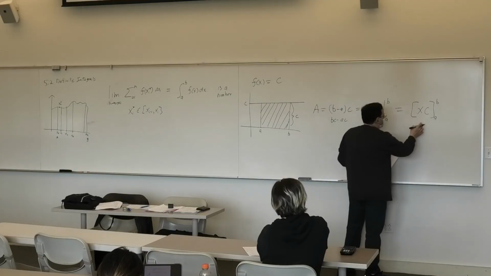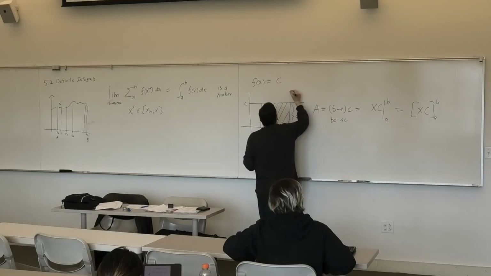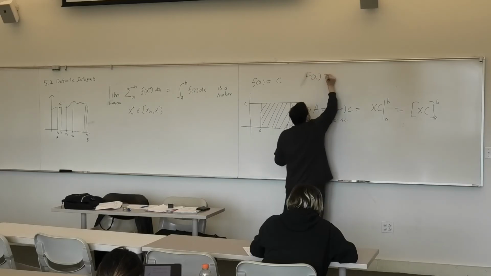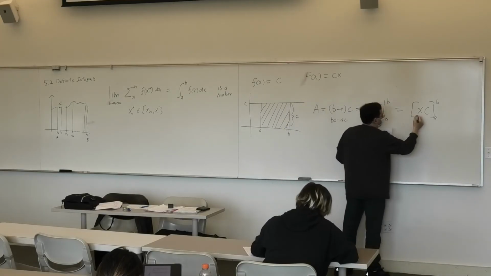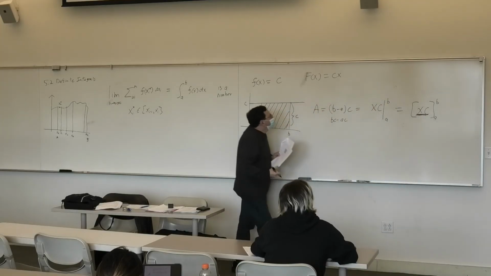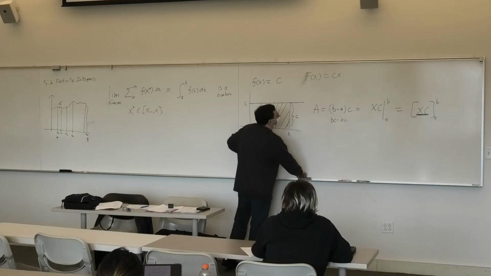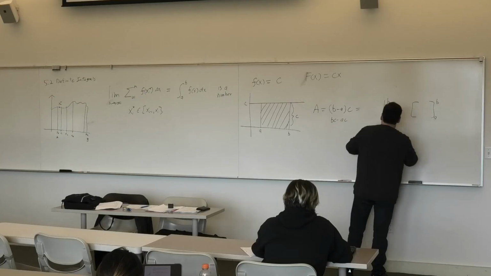But we know that the antiderivative of f of x equals c is F of x equals cx. Maybe coincidentally, that's just what we have here. Okay, just one simple example.